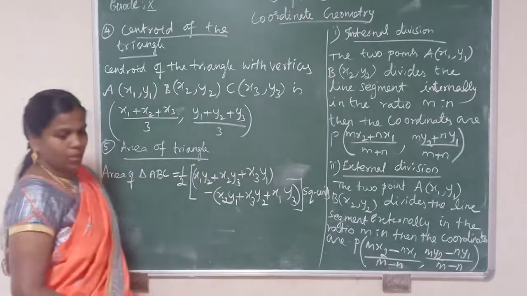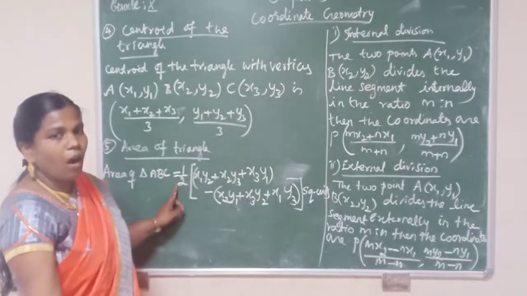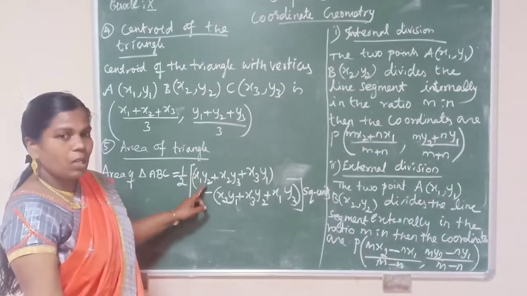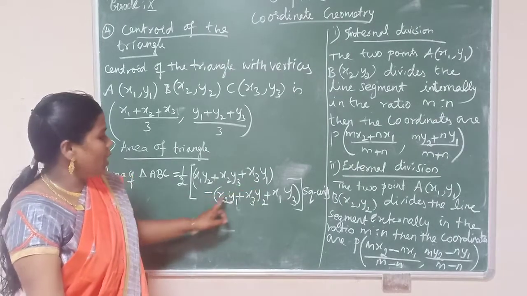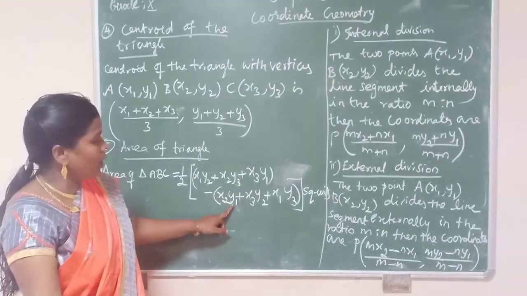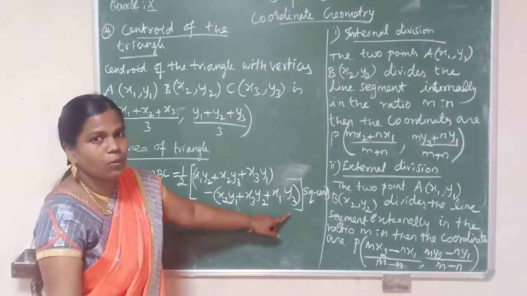What is the formula? Area of triangle ABC equals half into x1 y2 plus x2 y3 plus x3 y1 minus of x2 y1 plus x3 y2 plus x1 y3 square units.